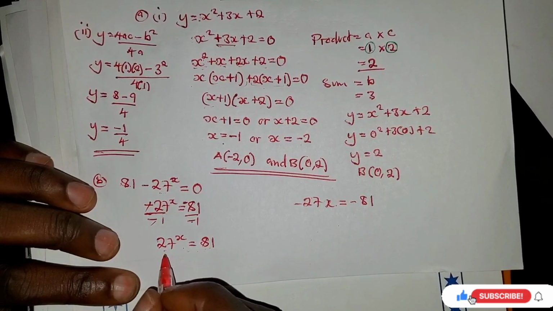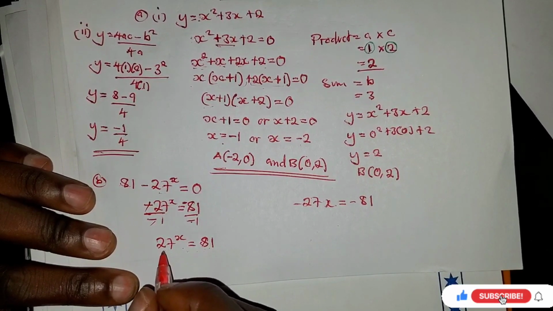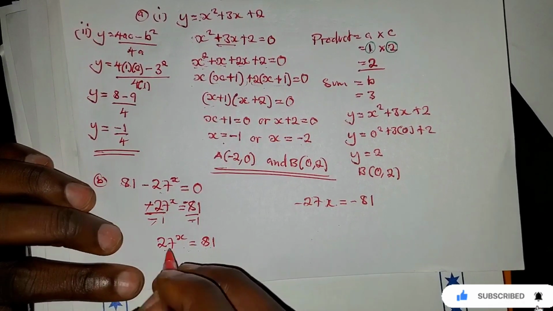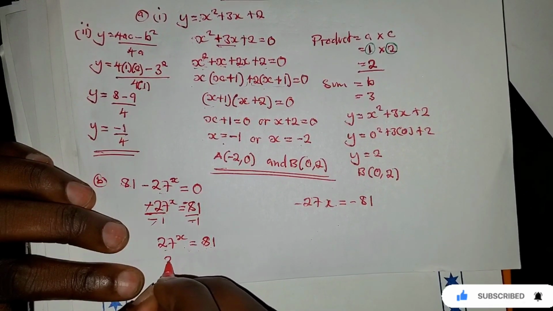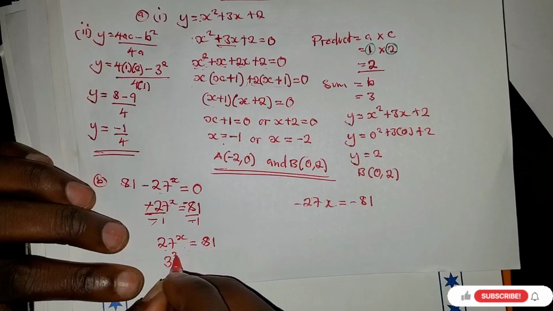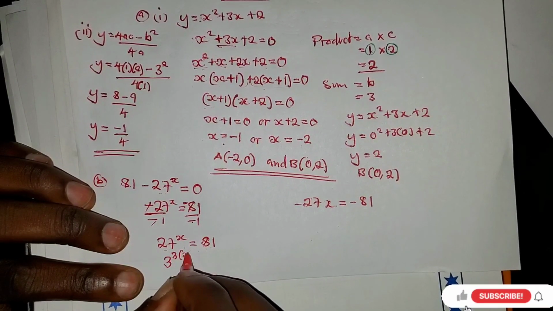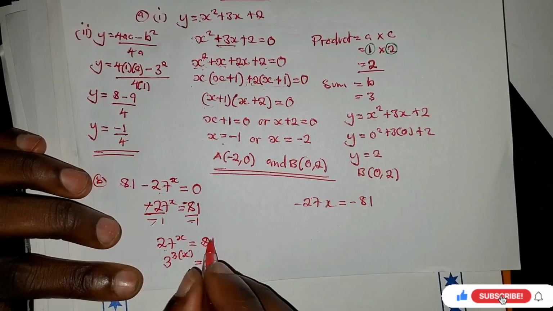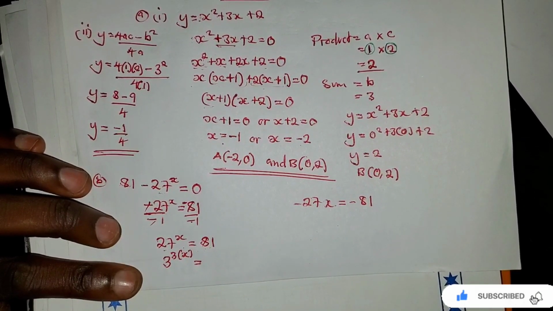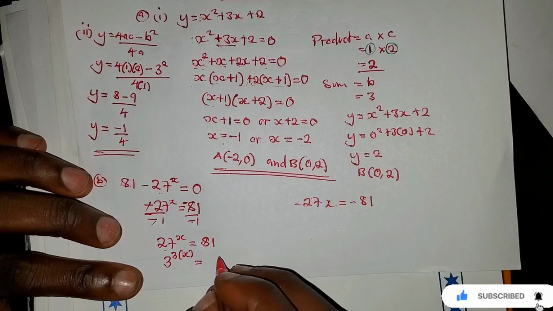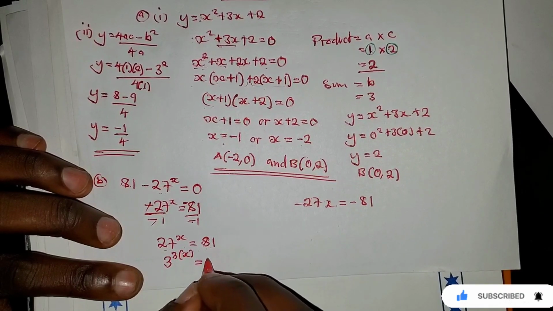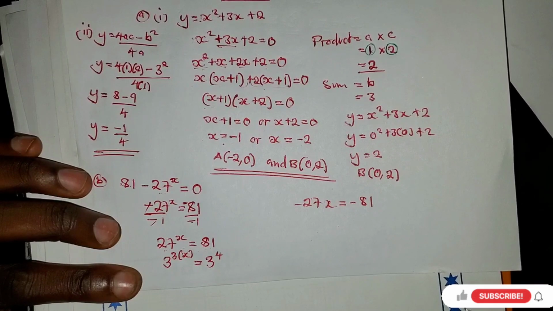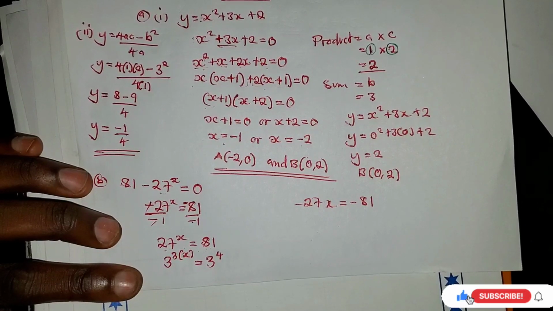There's no way 2 can give us 27. 3, yes. 3 to the power 3 is what? This is 27. So the x is there. Now can 81 be written to the base of 3? Yes. It can be written as 3 to the power 4.